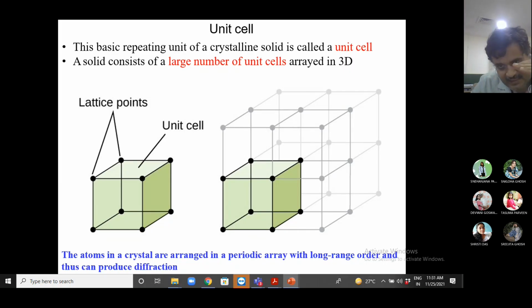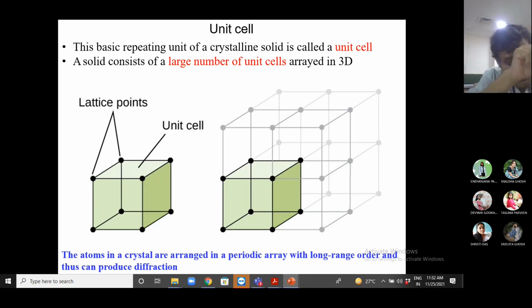As it gets arranged, it forms a very long range regular repeating pattern, and due to this regular repeating pattern, whenever X-ray falls on it and gets diffracted, that diffraction also comes with a regular repeating pattern.